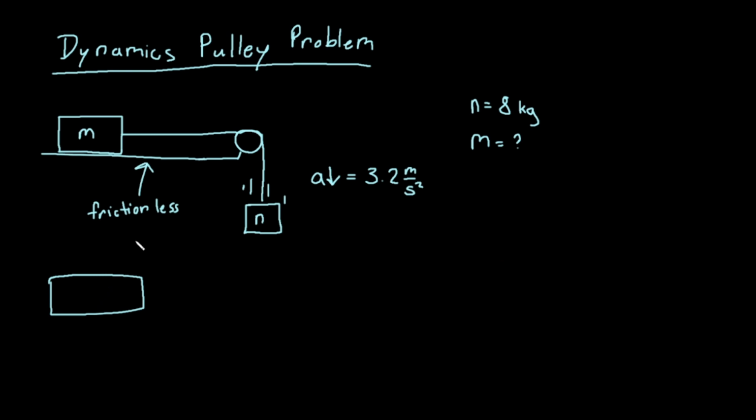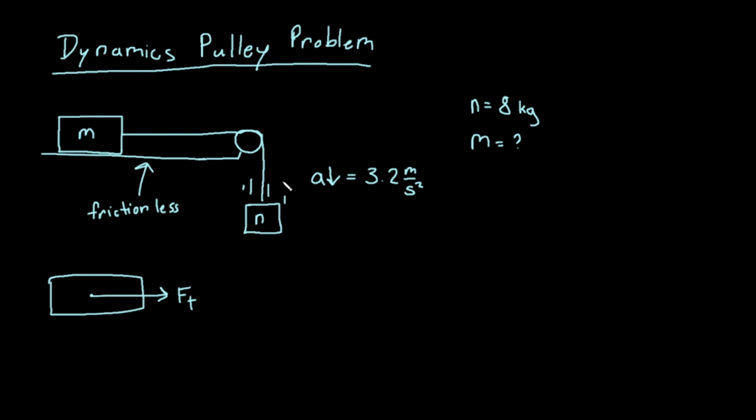We're mainly concerned with just its horizontal components. Since it's on a frictionless surface, we can't have force of friction, which means the only force acting on it is from this string. So here, the only force is force tension.